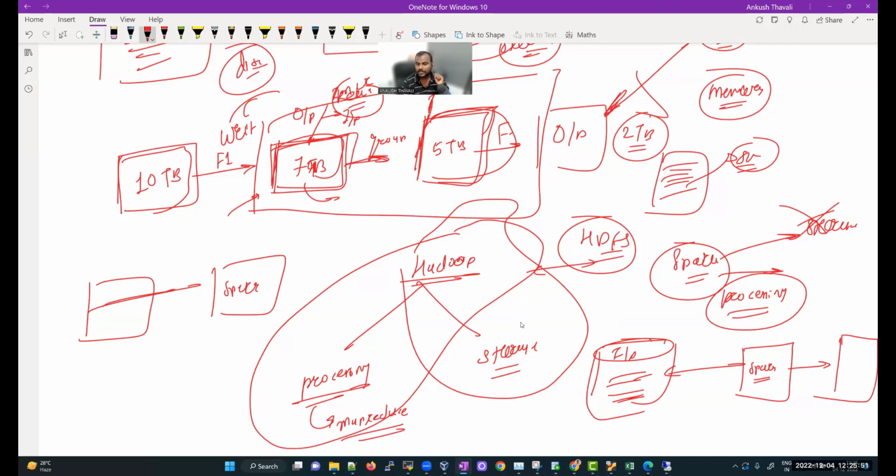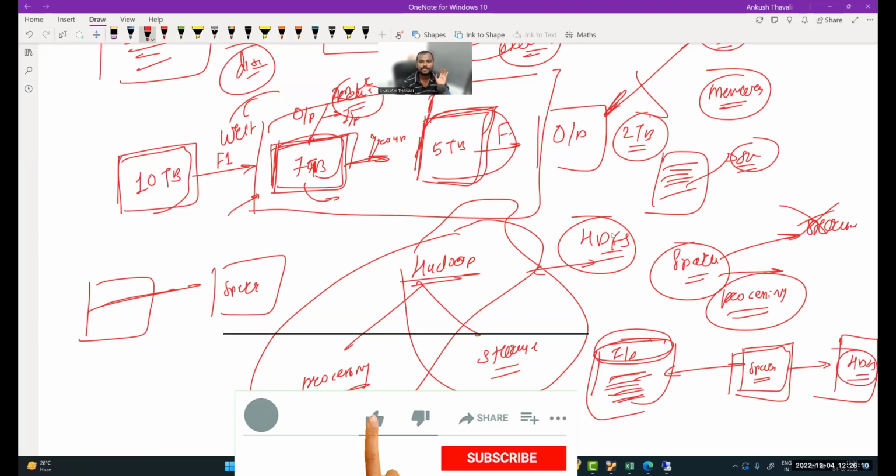So basically, you got the input, you process it using Spark, and when it comes to the output part, it will use the storage of HDFS, which is the Hadoop file system. It is the storage of Hadoop only.